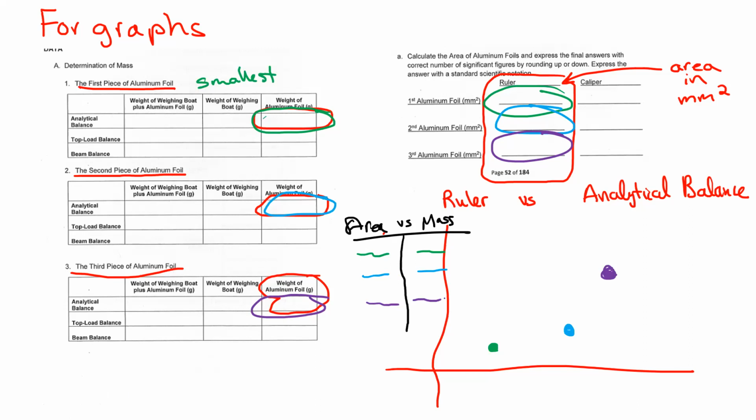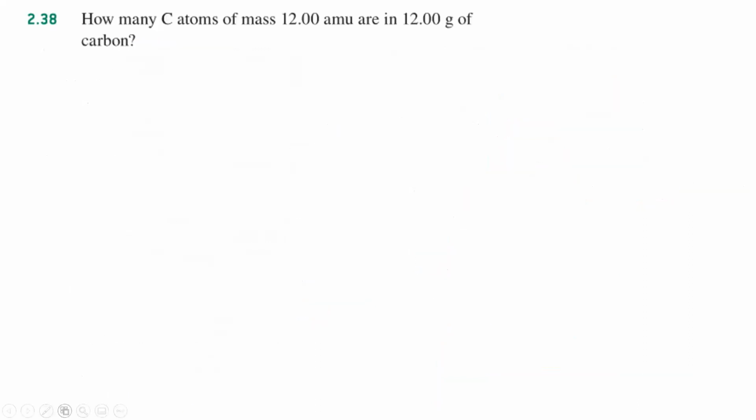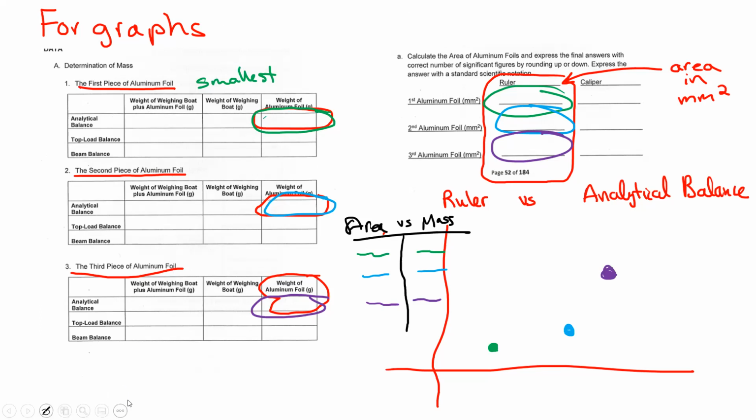Does that make sense at all? Yeah, a bit. I hope that helps. That is where the data should be coming from, and that's just for one of the 4 graphs you should be generating.